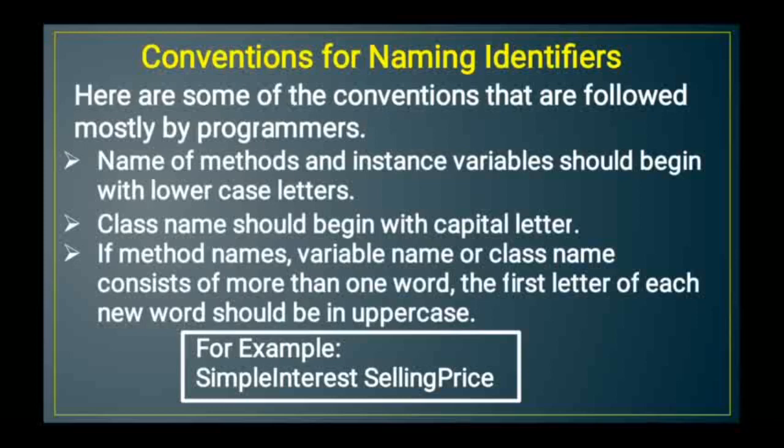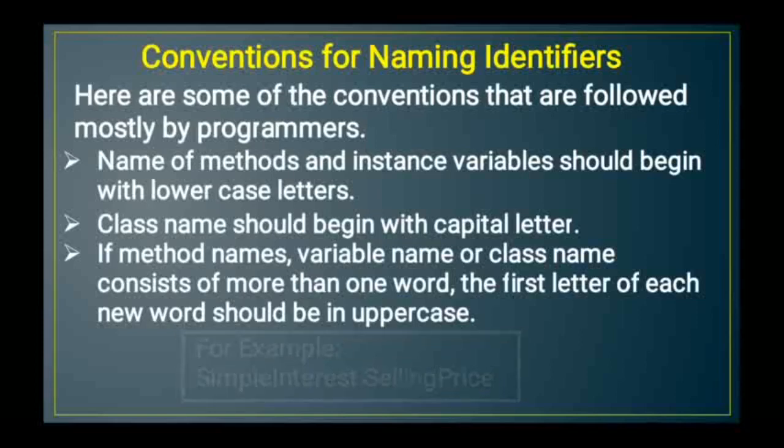So the first letter of each new word, like simple's S and interest's I, should be in uppercase. Another example, sellingPrice. Selling is one word and price is another word, so the S in capital letter and you will write P in capital letter.